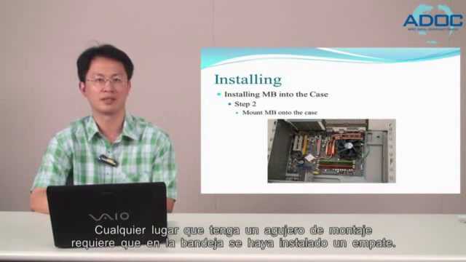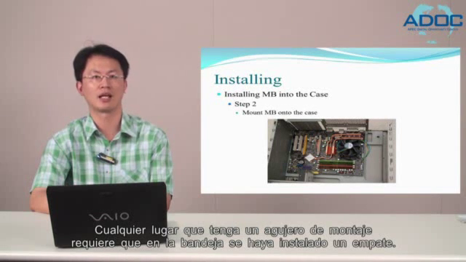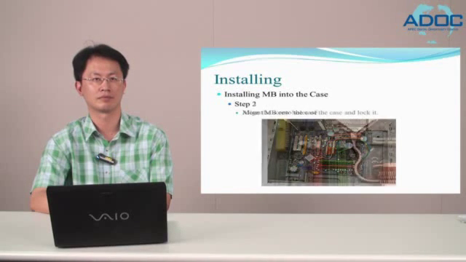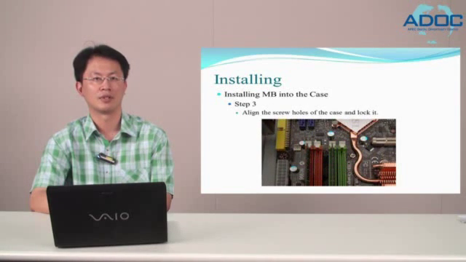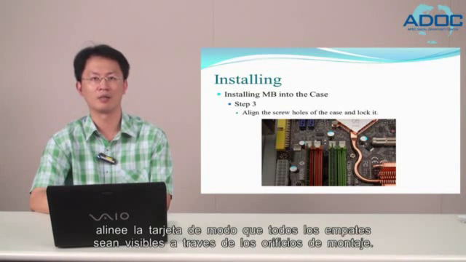Any location that has a mounting hole will require a standoff installed in the tray. Lay the motherboard over the tray and align the board so all the standoffs are visible through the mounting holes.